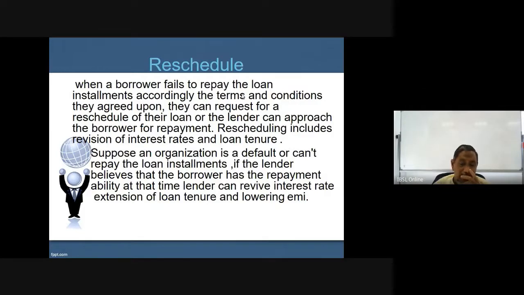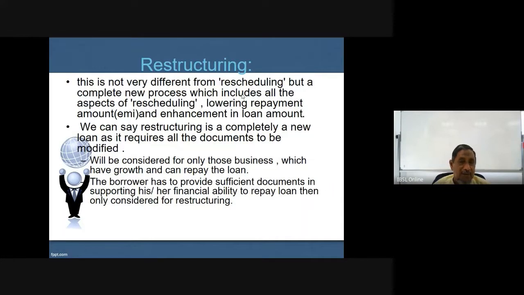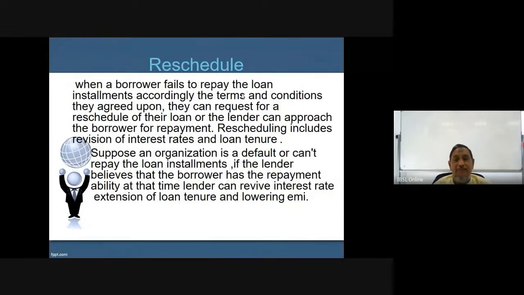Okay, so recovery, in other words rescheduling, means extending the period. This is not very different from rescheduling, but that's called rescheduling. Why should we go for rescheduling? In a number of cases, basically at the time of granting the facility, two basic factors have to be taken into consideration.